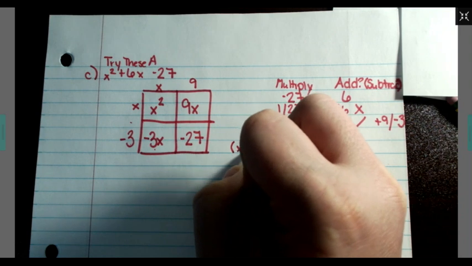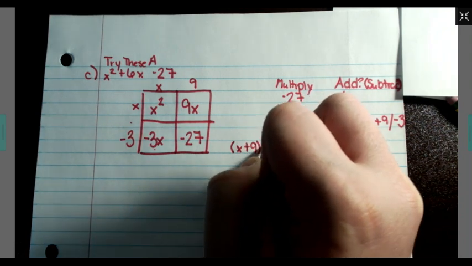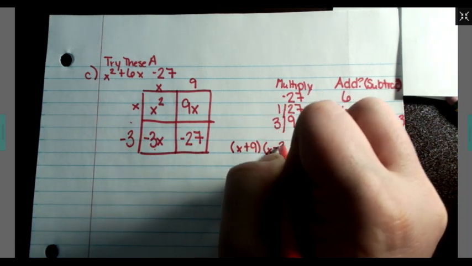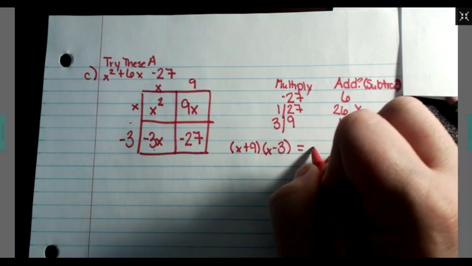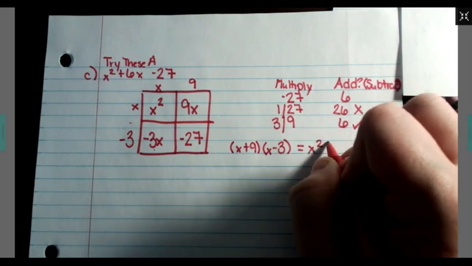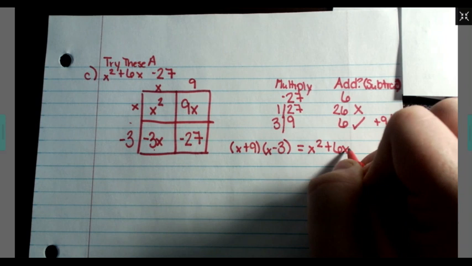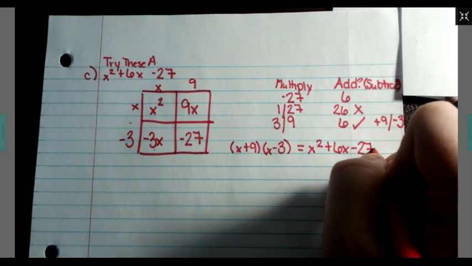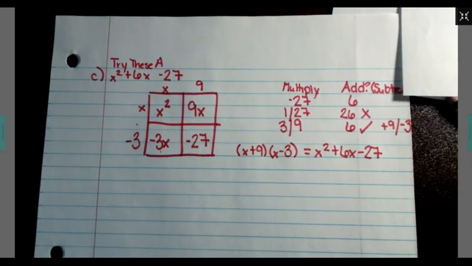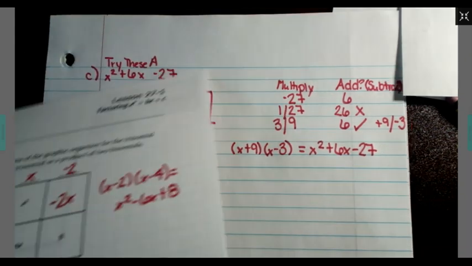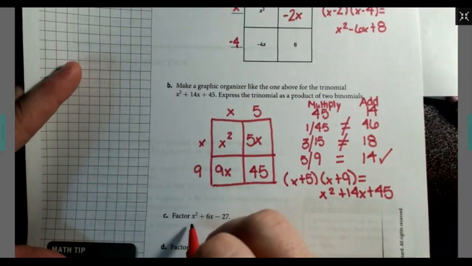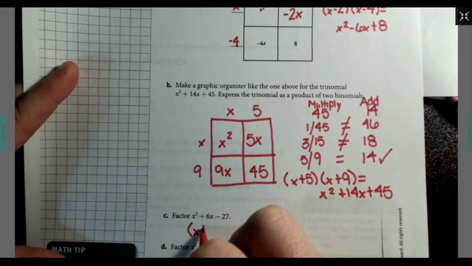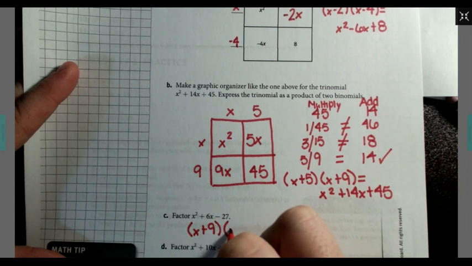So my factors are x plus 9, x minus 3, those are my binomials, and this is going to equal x squared plus 6x minus 27. So again, that was x plus 9, x minus 3.